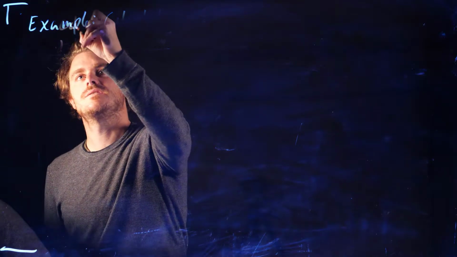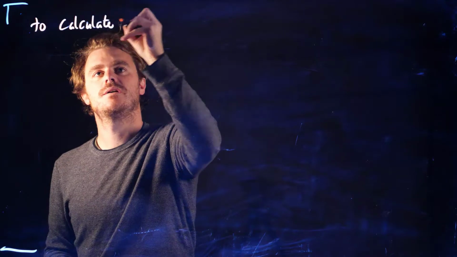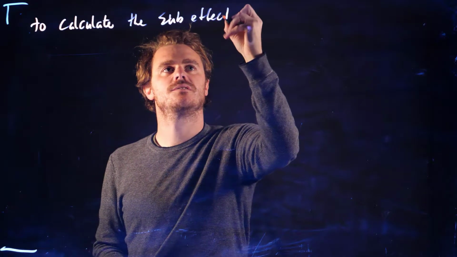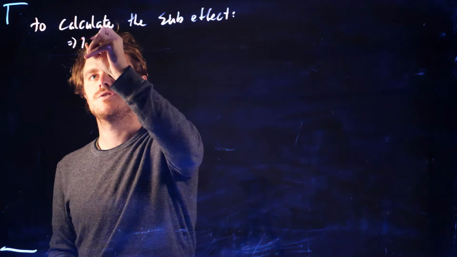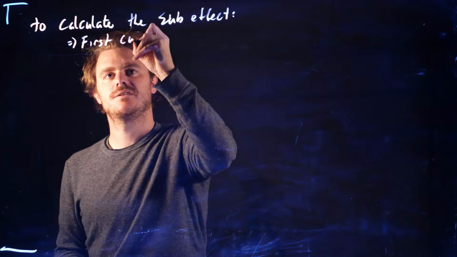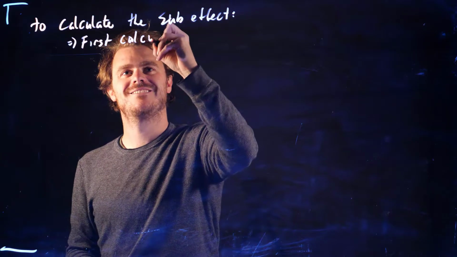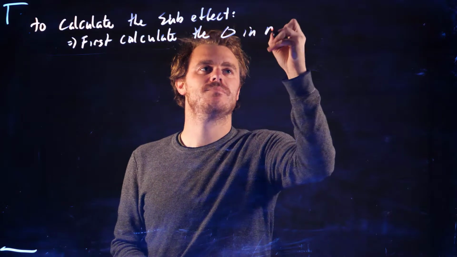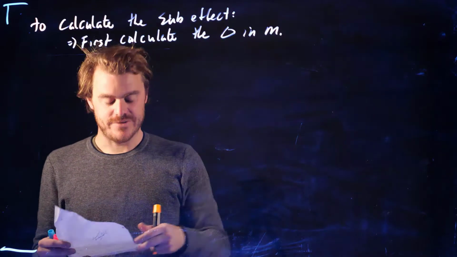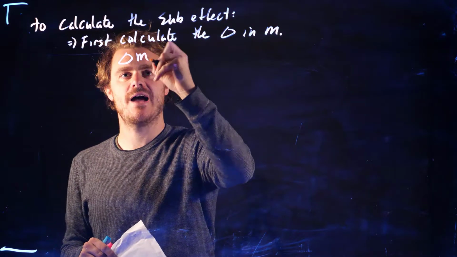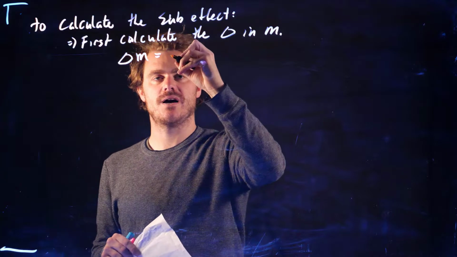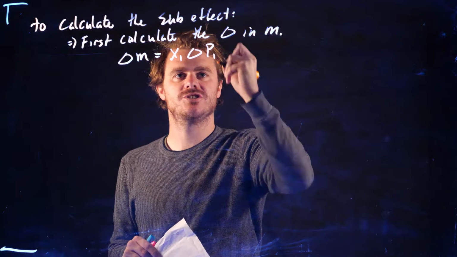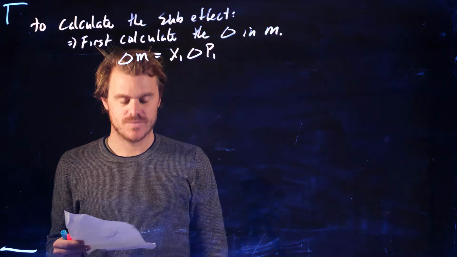Calculate the substitution effect. First calculate the change in income. We figured this out before, so the change in M equals x1 times the change in the price of the good.